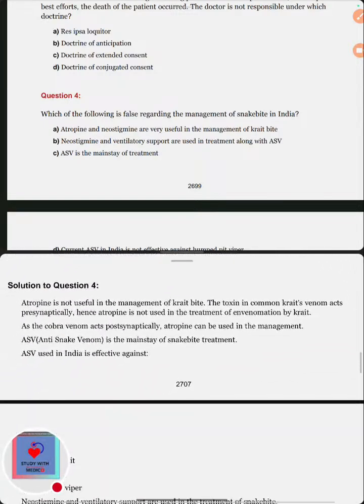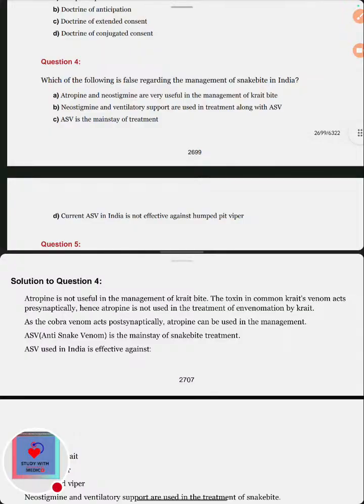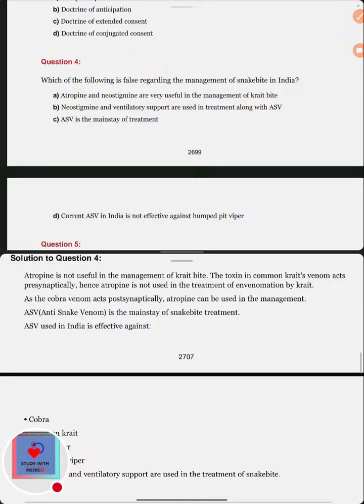Okay. So which of the following is false regarding the management of snake bite in India? Atropine is not useful in the management of krait bite. Common krait venom acts presynaptically, hence atropine is not useful. Cobra venom acts post-synaptically, so atropine can be used.